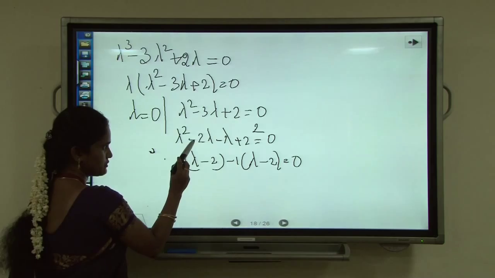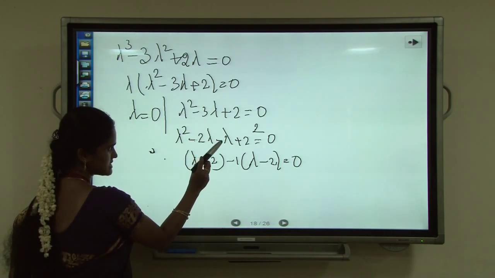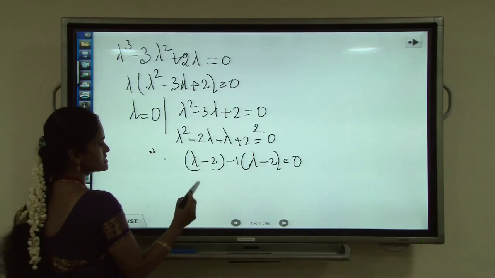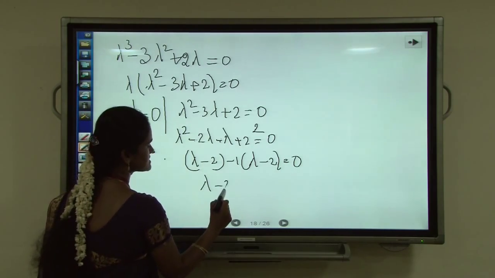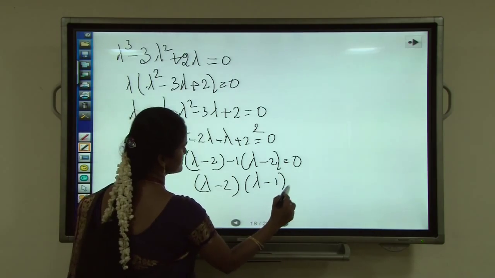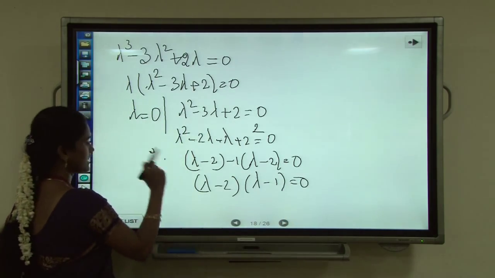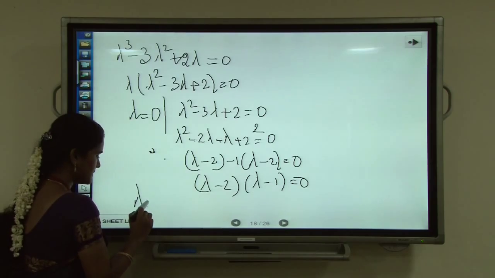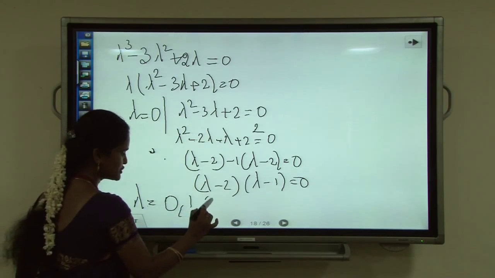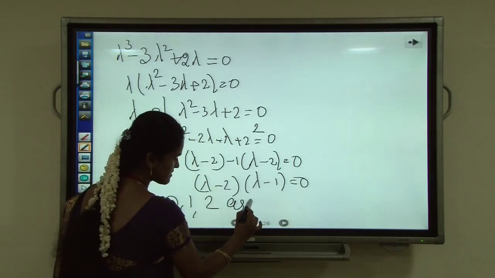So see, when you multiply this minus 2 into minus 1, you get plus 2, and when you add, you get minus 3. So the roots of this quadratic equation are 1 and 2. Therefore, putting everything together, lambda is equal to 0, 1, 2 are the characteristic roots.